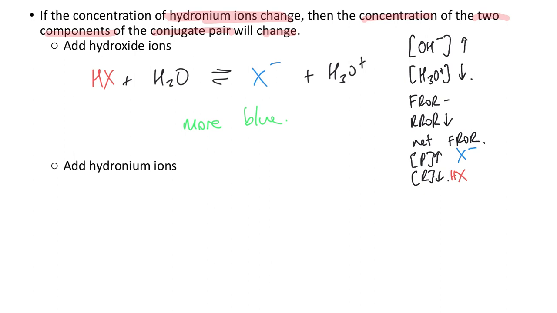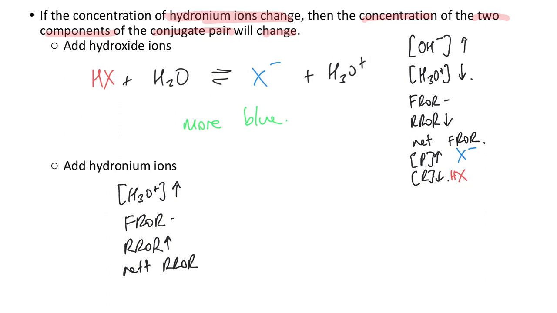If you add hydronium ions, effectively the opposite thing happens. You would have an increase in H3O plus ions. That means that the forward rate of reaction is unchanged. The reverse rate of reaction would increase. That would make it a net reverse rate of reaction.